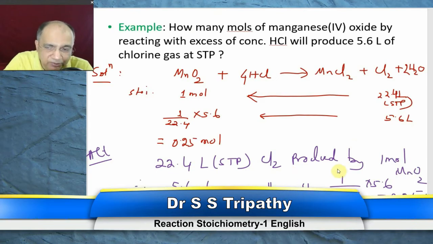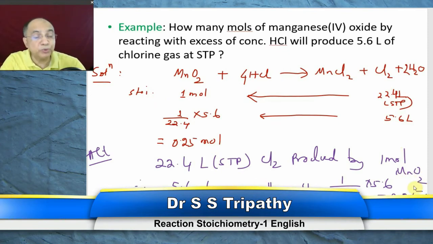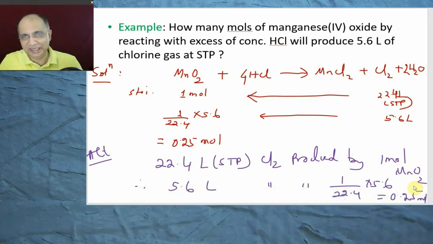Write in passive voice: 22.4 liters of chlorine is produced by 1 mole of manganese dioxide, so 5.6 liters will be produced by 0.25 mole of MnO2. So in whichever manner suits your level of reception, you solve in that manner, right?